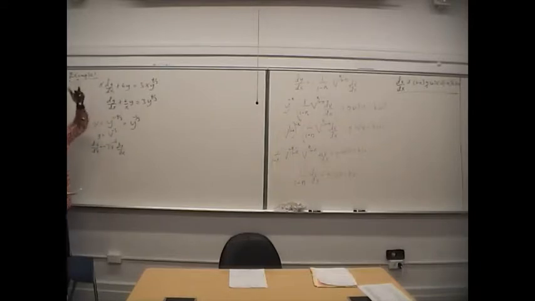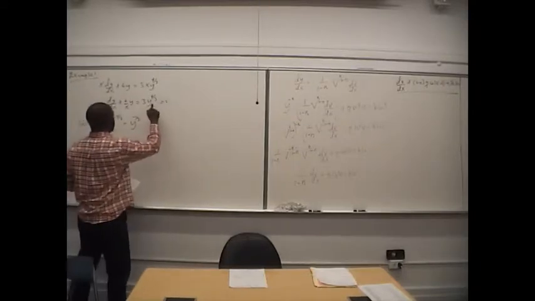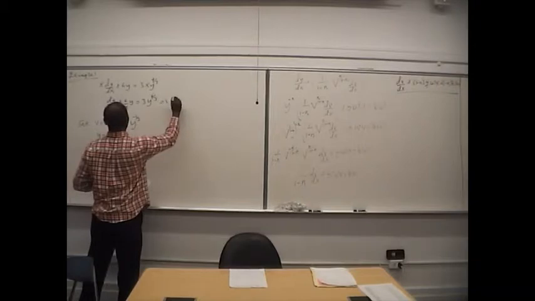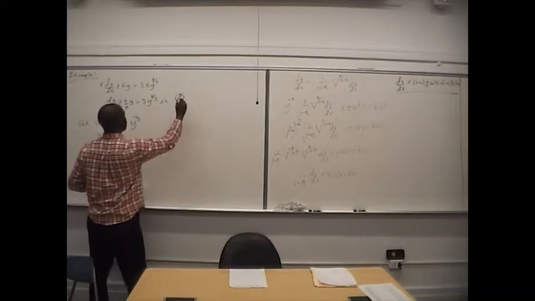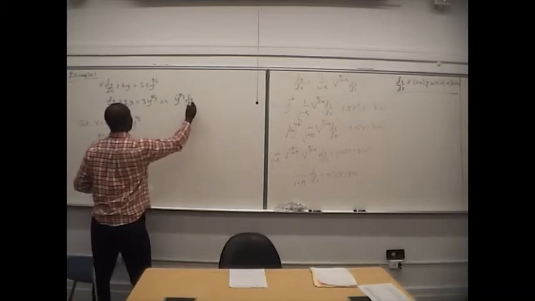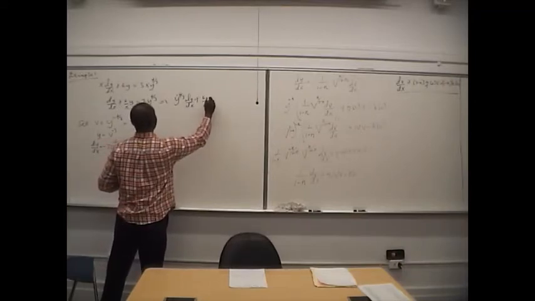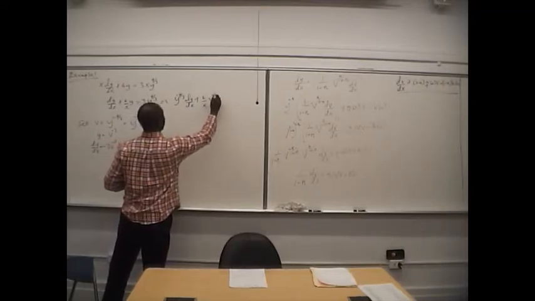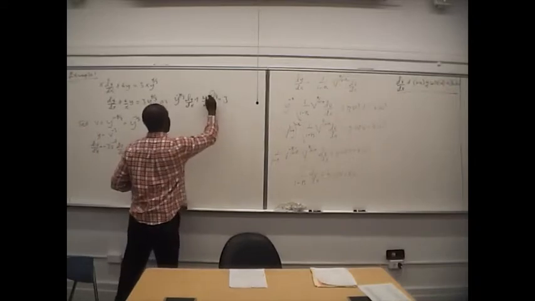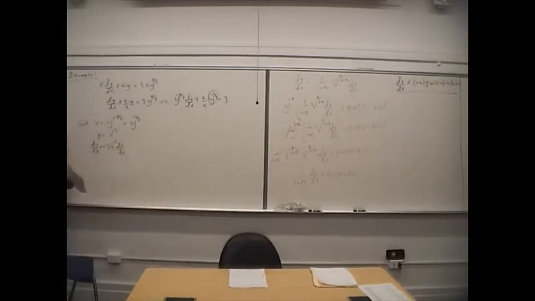What I mean is that if I just divide through by this, I have y^(-4/3) dy/dx + (6/x) y^(-1/3) = 3, and this will be my v. So all you have to do is divide through by the nonlinear y term, and then you can get your v immediately.